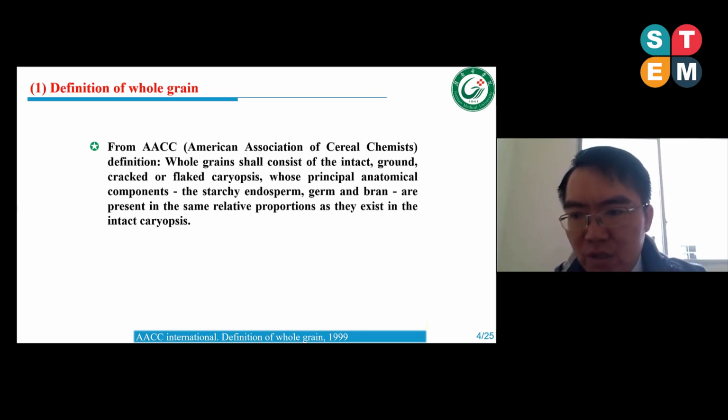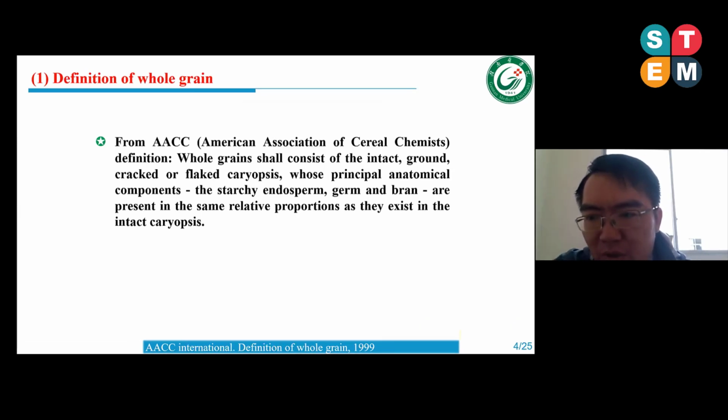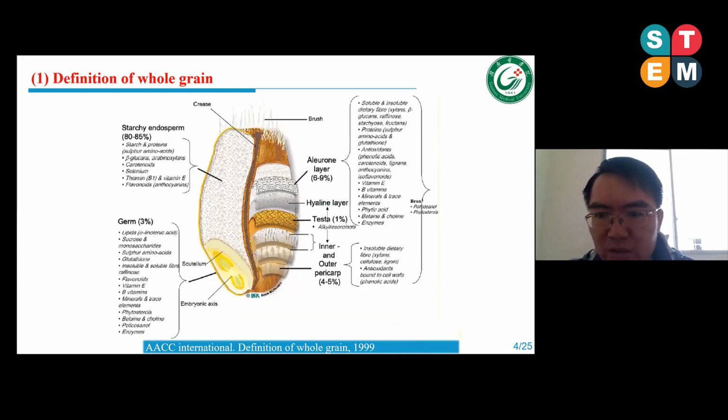Whole grain shall consist of intact, ground, cracked, flaked caryopsis, whose principal anatomical components, the starchy endosperm, germ, and bran, are present in the same relative proportions as they exist in the intact caryopsis. This is a typical sectional drawing of whole grain.